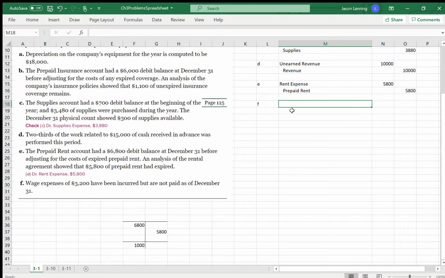The thing is, in this period, we use the workers, their labor, their intelligence, their efforts, everything that they do to provide the goods or services that our company makes. So in this case, we're looking at a wage expense here for the $3,200. And then our credit will be on wages payable because we will pay this in the next period.